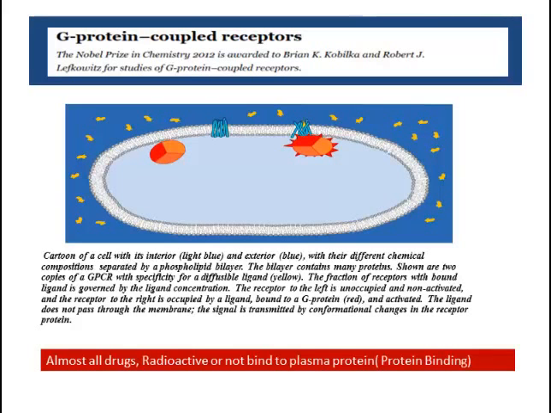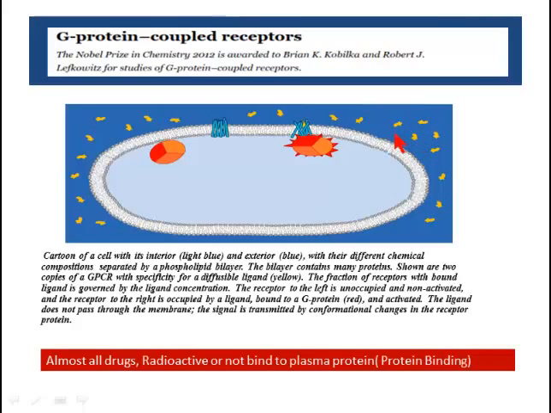G protein-coupled receptor. As you see here, the light blue is the interior of the cell, and the exterior of the cell is the blue. And you can see here there is a glycoprotein, and the yellow ones are the receptors.